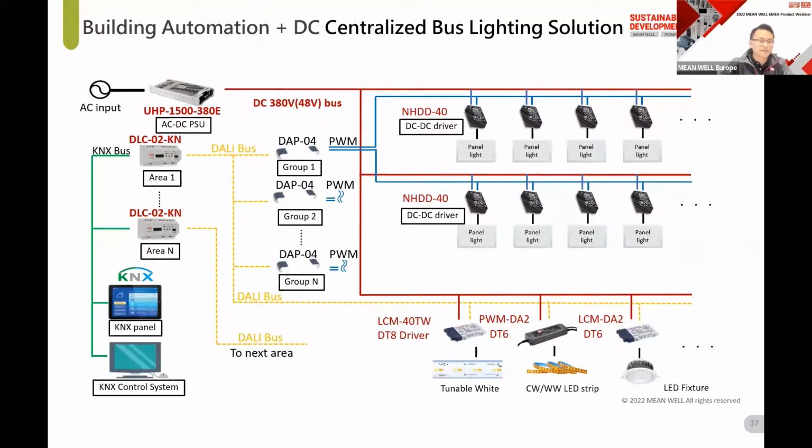All the NHDDs are controlled by the DAP. There is a DLC02KN, the KNX version, in the front to convert the KNX signal to the DALI signal, and then control devices after the DAP. With a KNX system, the configuration can be very large, providing flexibility for building automation applications.